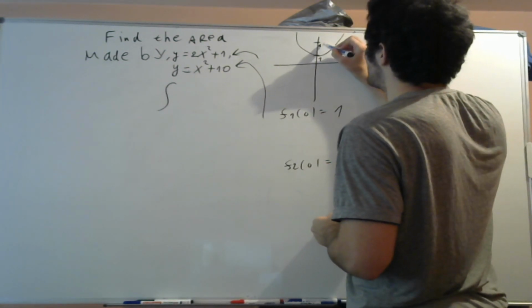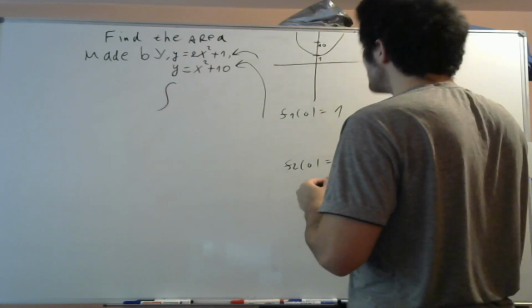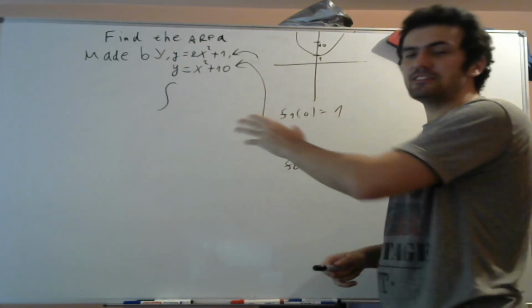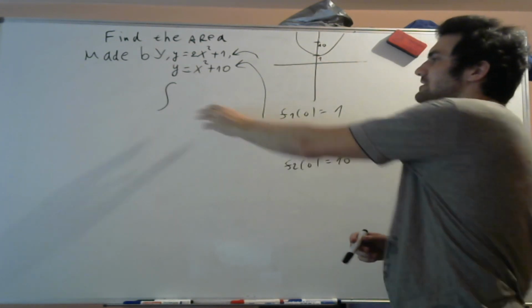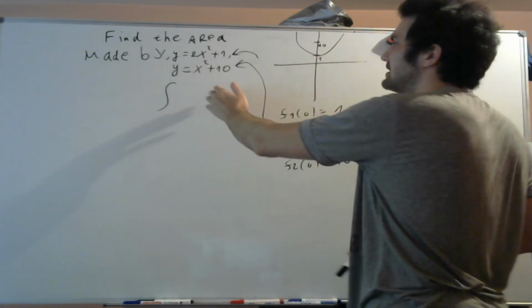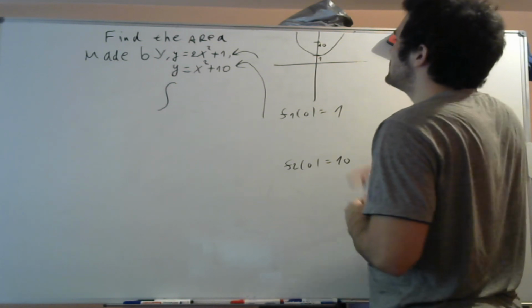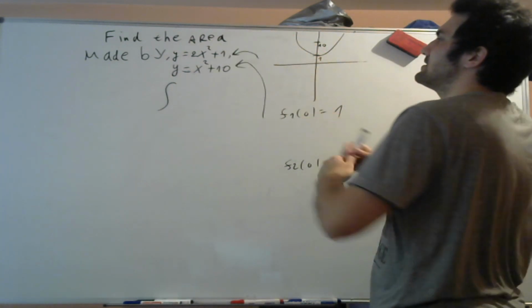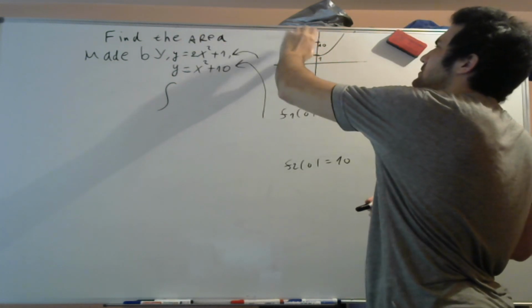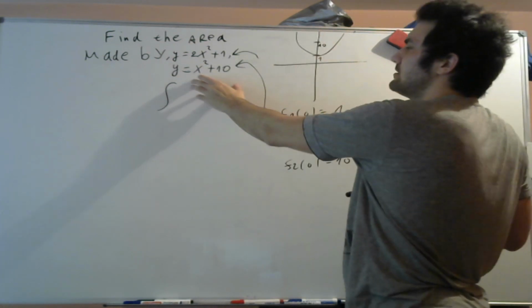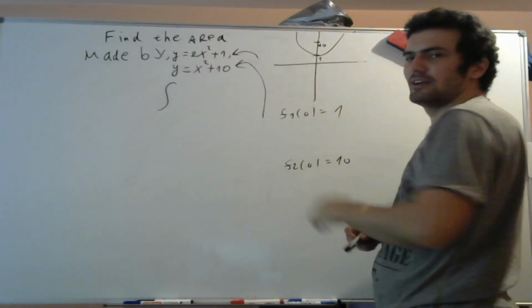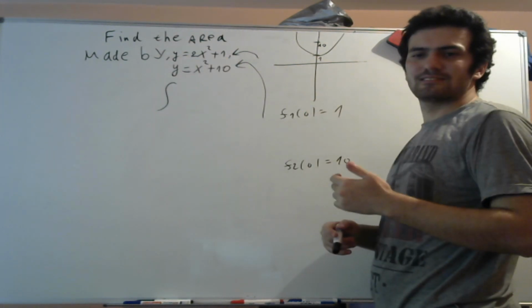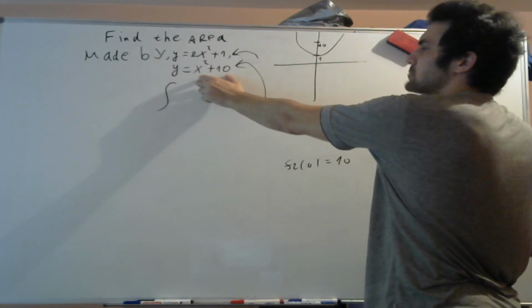All right, we don't have any intersections of these two functions with the x-axis, but we need the boundaries for the integral. So what can we do? If there is any area, it must be found between these two functions. And the key to see it is that the first function increases much faster than the other one.